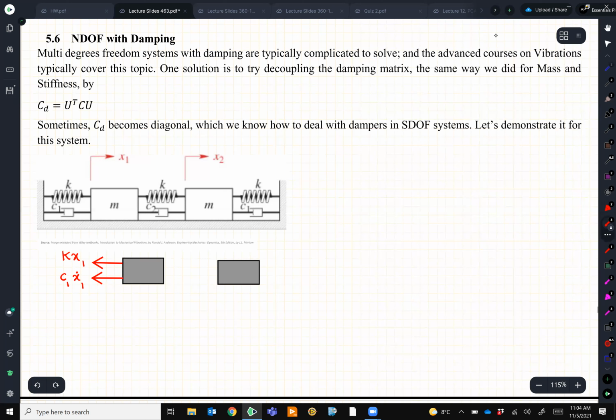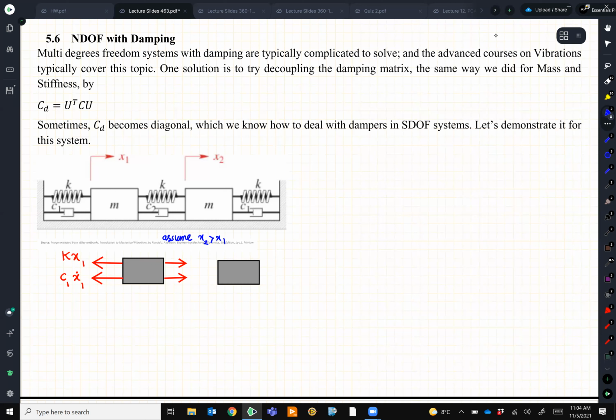So getting to the one in the middle, we assume that x2 is bigger than x1, right? That's an assumption. You can go with the opposite. That's correct. This is just for the sake of drawing the free body diagrams in the correct directions.